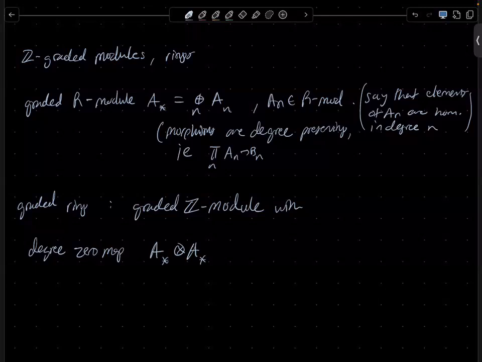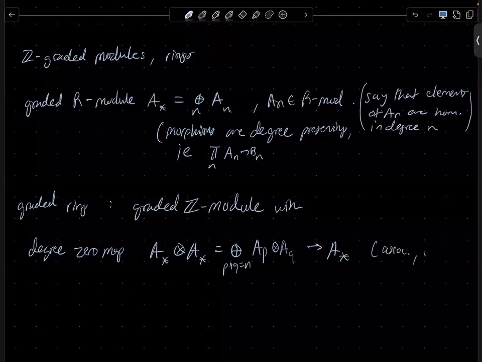What is this tensor? I'm not going to define it in general, but in this particular case, it's no different from the usual definition: it's the direct sum over p plus q equals n of A_p tensor A_q. So from this back to A star, and this map is just some kind of product. And I insist that this product is associative, unital, whatever it needs to be.